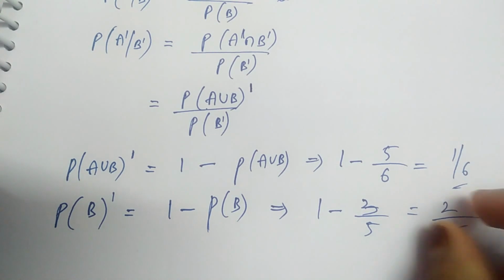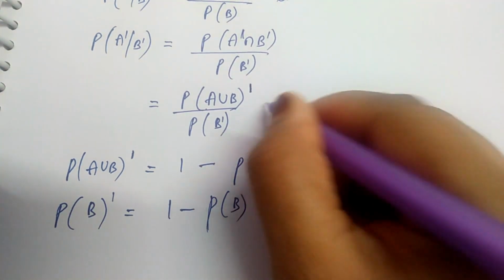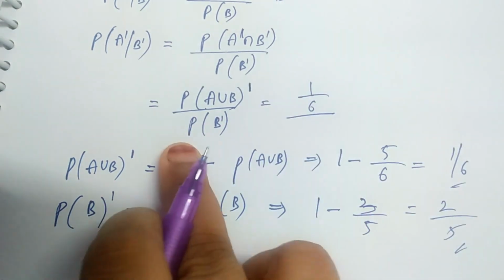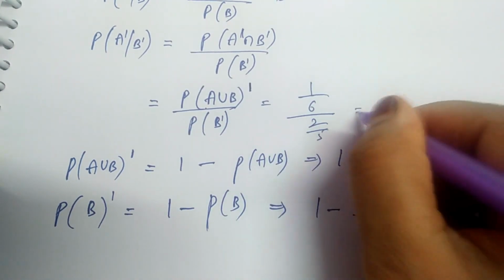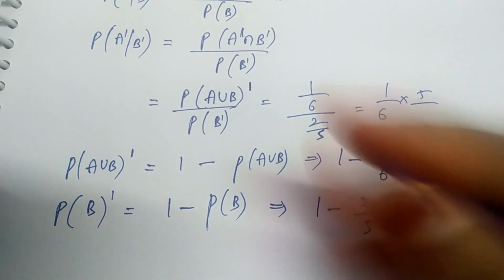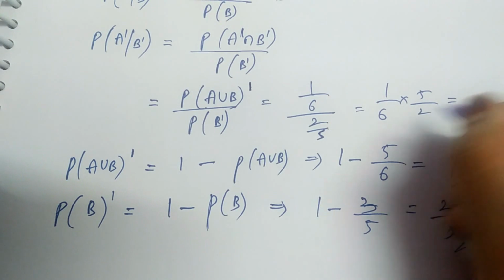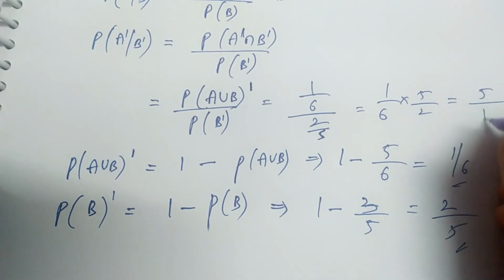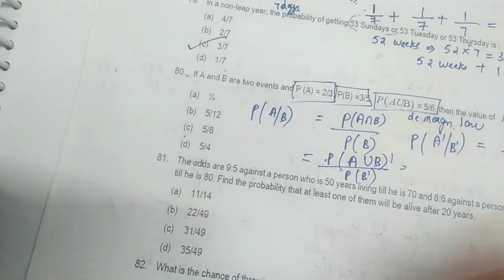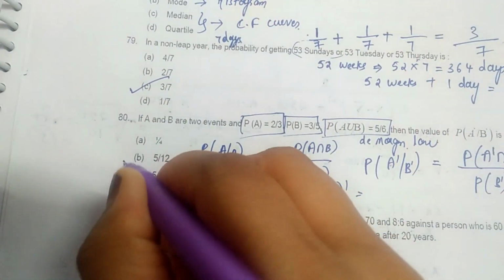Now we substitute these: probability of (A union B) dash we got as 1 by 6, and probability of B dash we got as 2 by 5. It is 1 by 6 into 5 by 2, which is 5 by 12. That is the answer. So let's stick to 5 by 12.